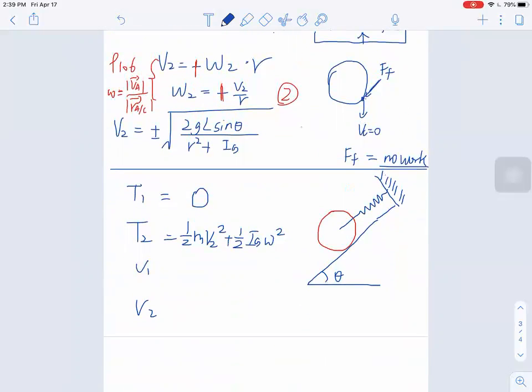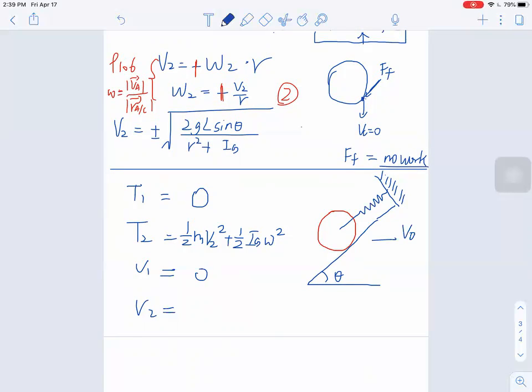And since we have a spring, the spring is going to change the potential energy. If we set the initial point as zero potential for gravitational potential energy, and the spring is unstretched at position 1, we're going to have zero potential energy at position 1.